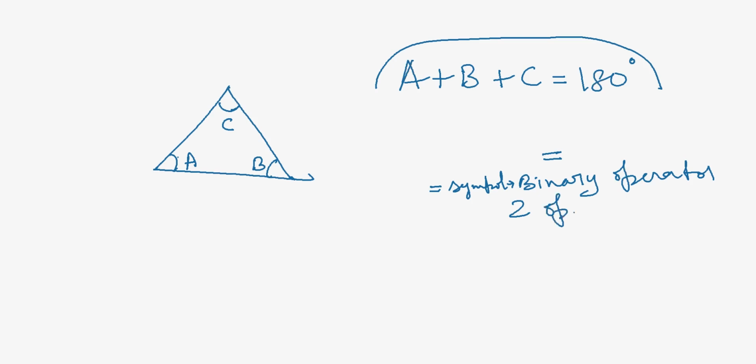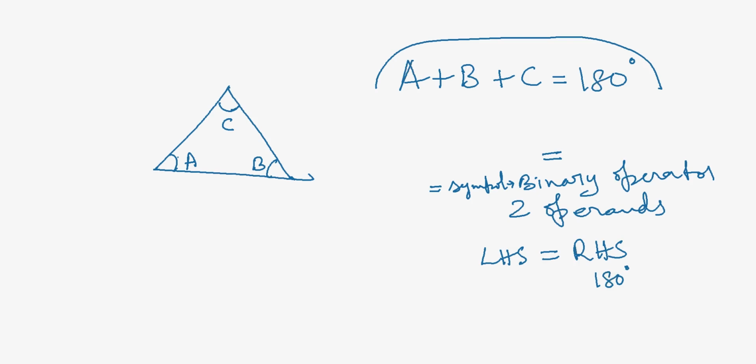It needs two operands, right? Yes. So the two operands are our right hand side and the left hand side. Then which one is the simplest one here? 180 degrees. Okay, that is merely a number with the unit of angle as a degree, right?